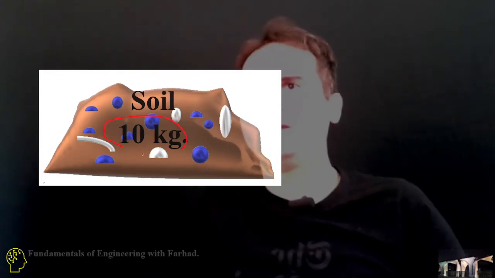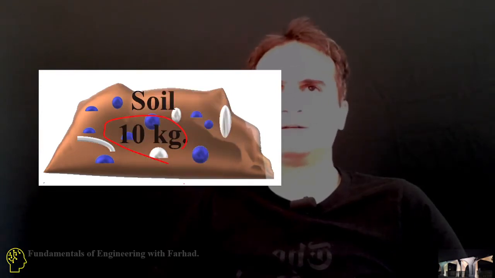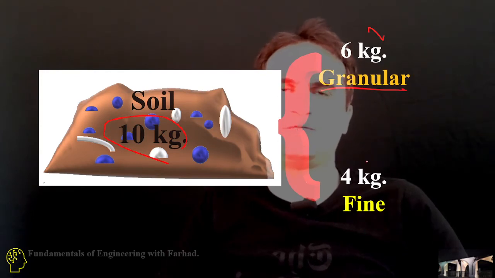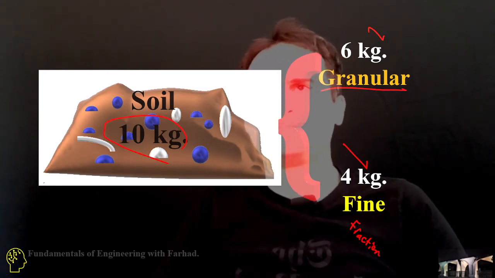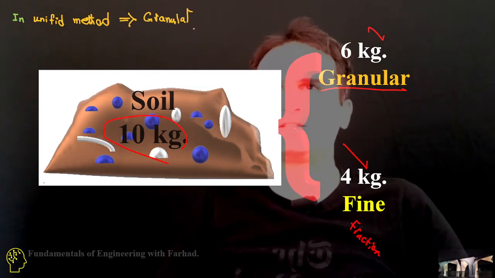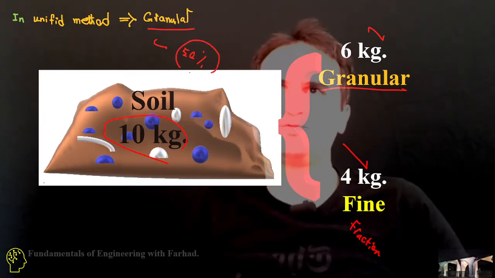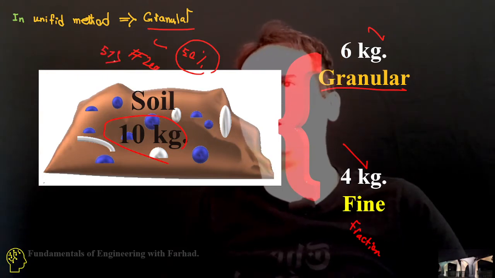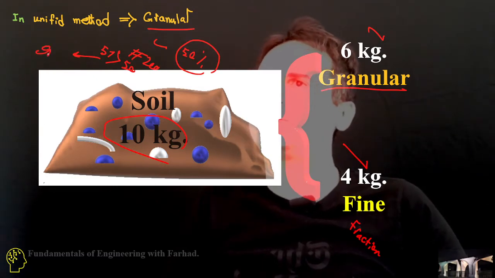So if we have a soil of 10 kilograms, in which 6 kg is granular material and 4 kg is fine fraction material. In such a case, in the Unified method, it is considered granular. If more than 50% is retained on sieve number 200, it's granular.